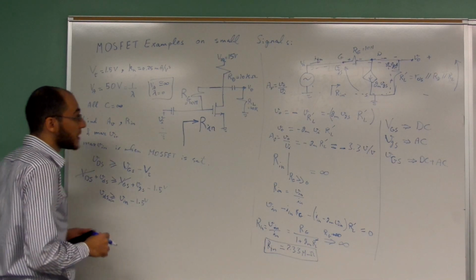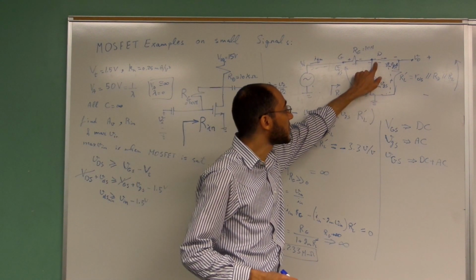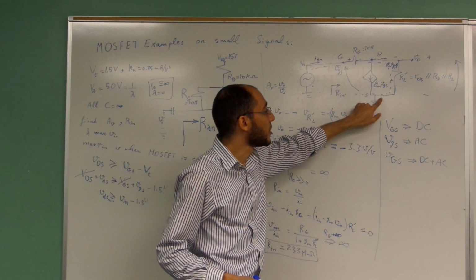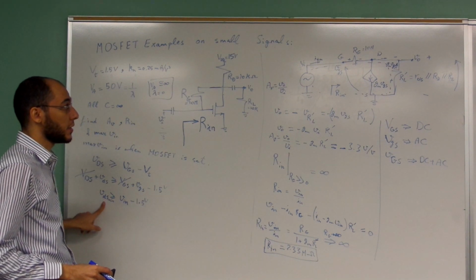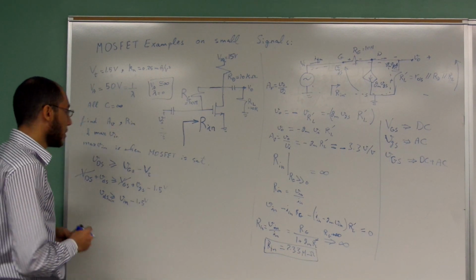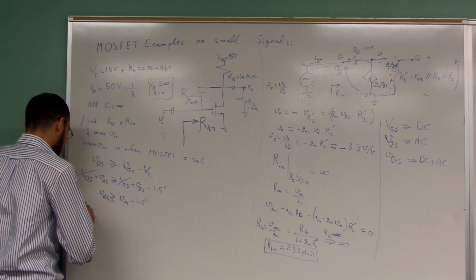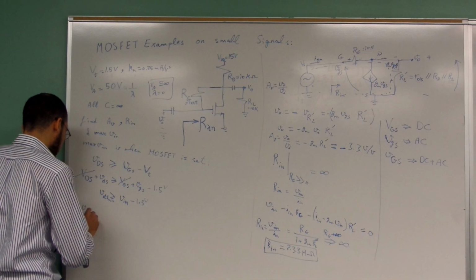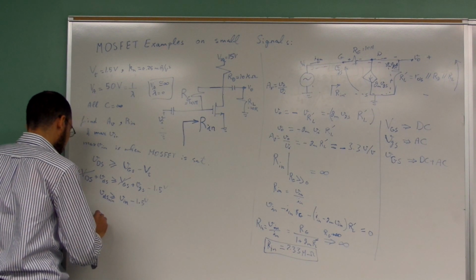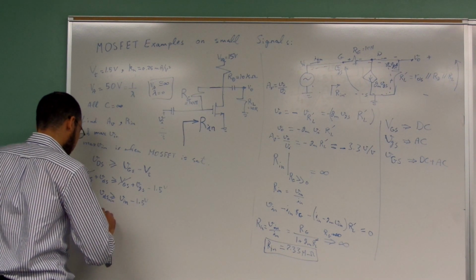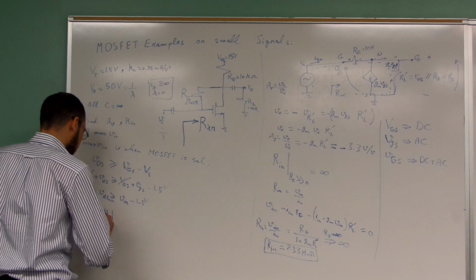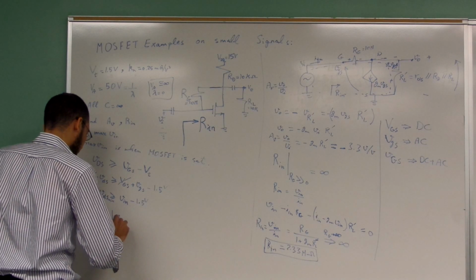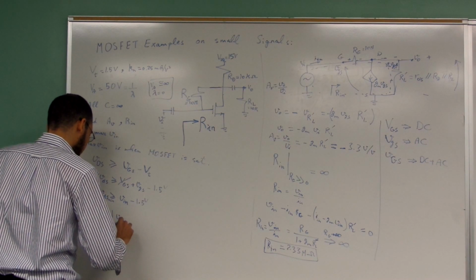What is the value of vds? vds is actually this drain voltage minus the source voltage in the AC signal model. Which is equal to the output. So you know that vds min is equal to the value of AV, negative value, multiplied by V in maximum.